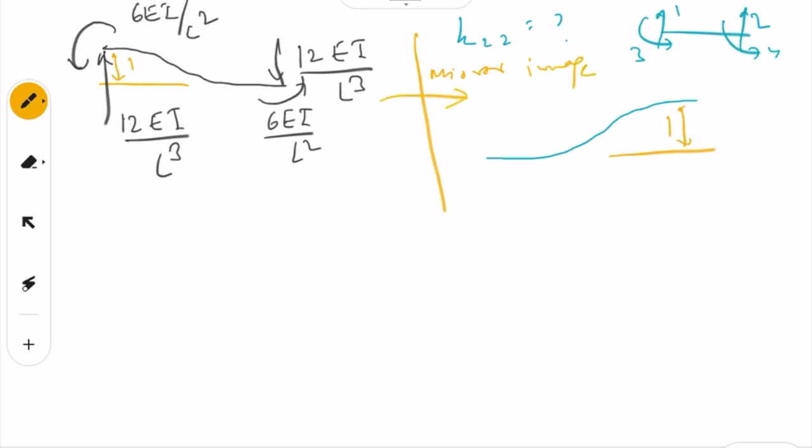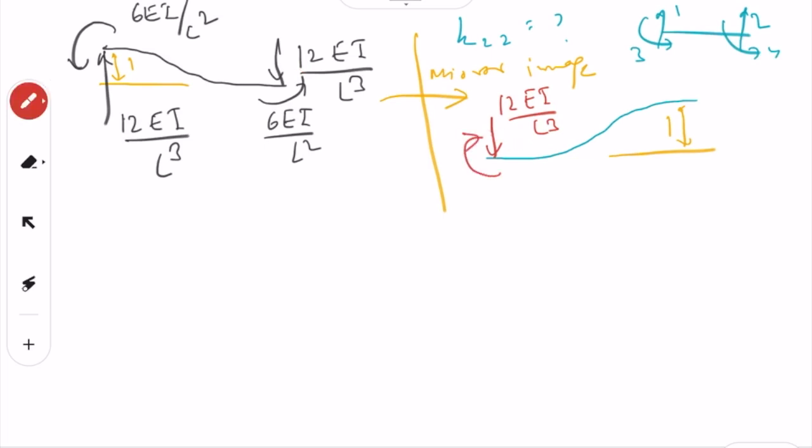So this is the mirror image of this, and what force we will get, just take from the mirror image. So value here will be 12EI over L cube.